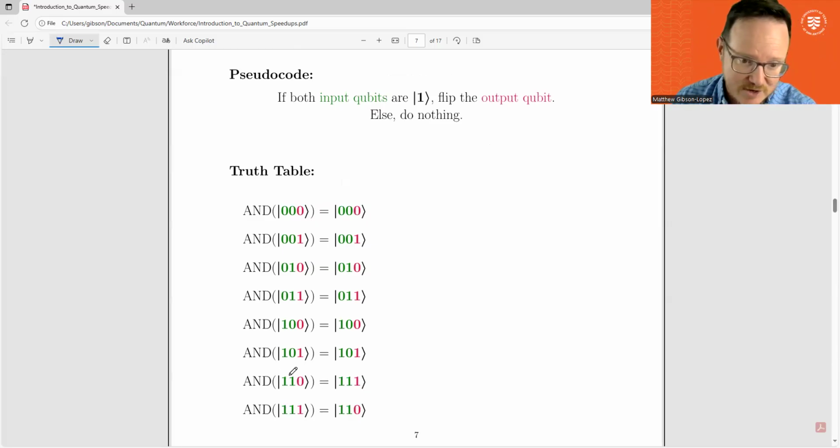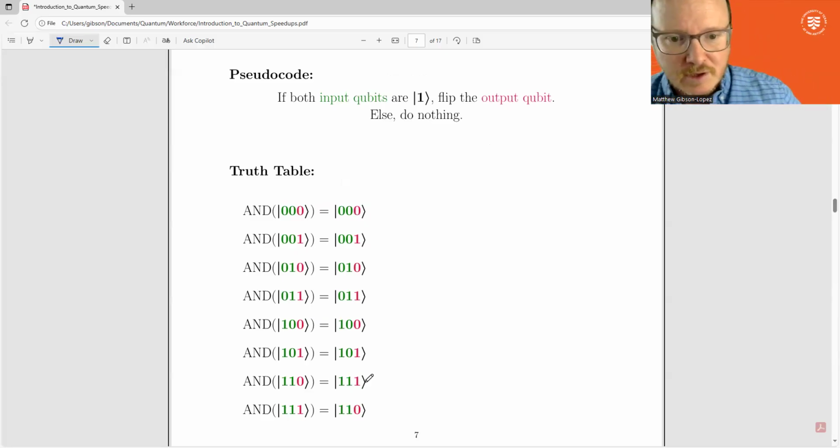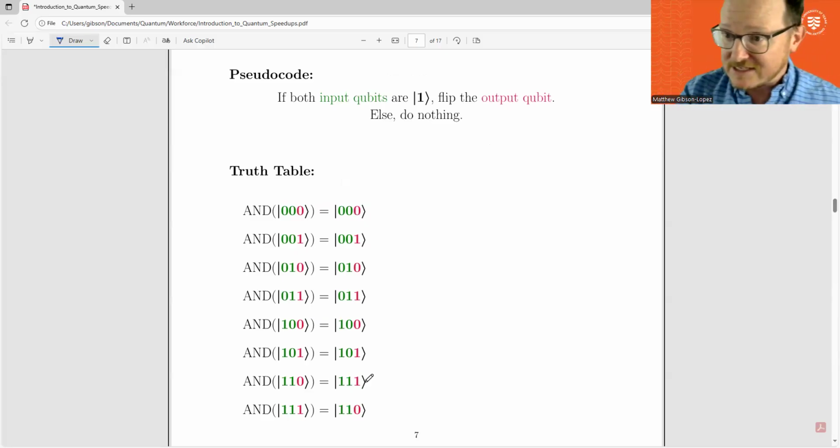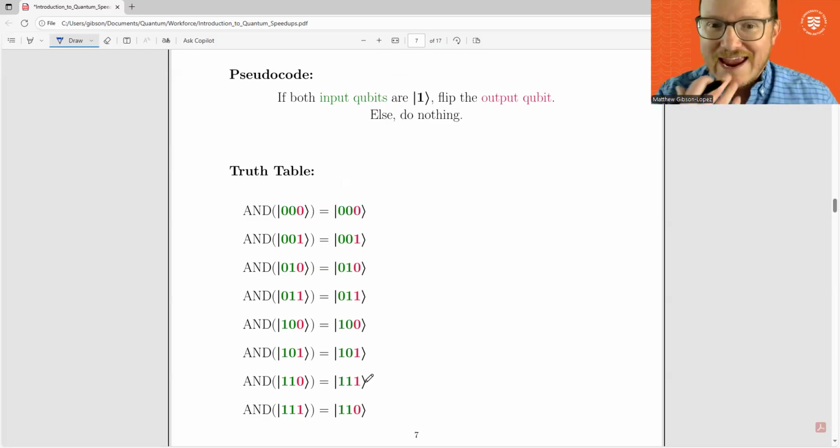And if I had given it 1, 1, 0, then it would have flipped that output qubit to a 1. So this is the way that this ends up working. The green qubits are always going to be the same, and the red qubit will change according to whether or not the truth value is true.